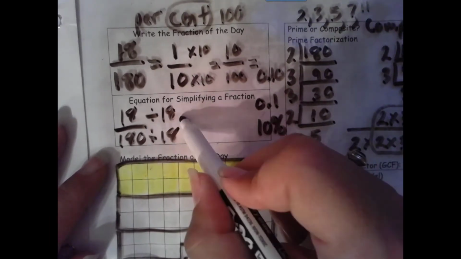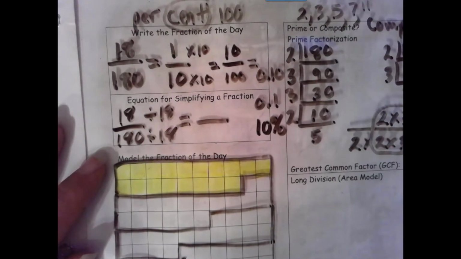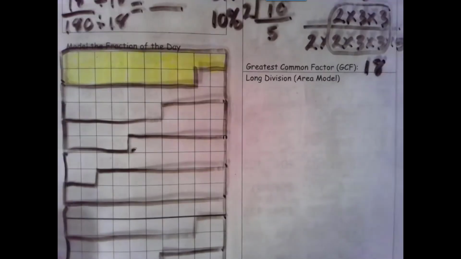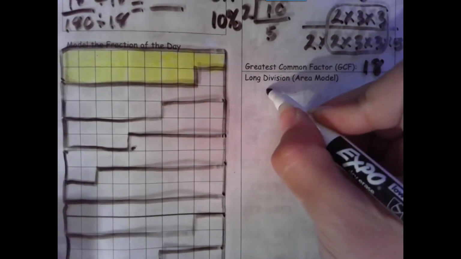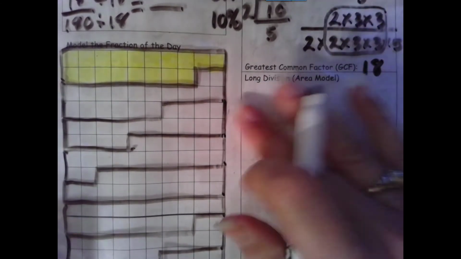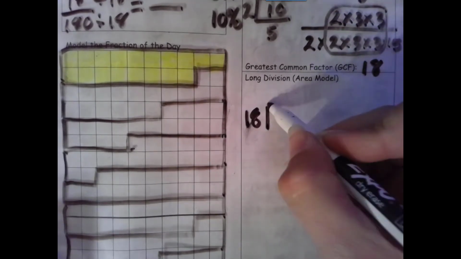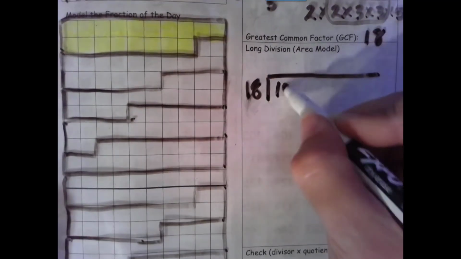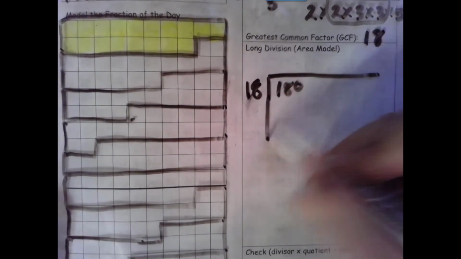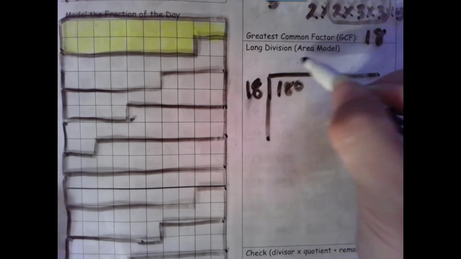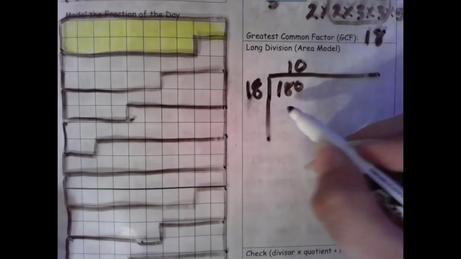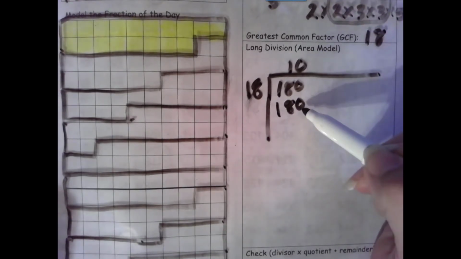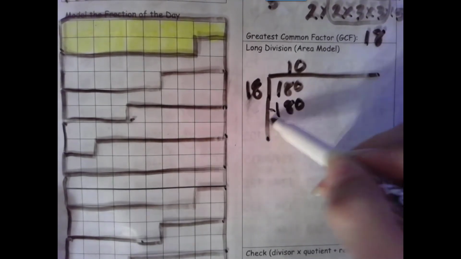So we divided both the shaded area and the whole thing by groups of 18. These always have to be the same number. So let's go ahead and do our area model for 180. Let's see, 10 times 180, well, every place is 10 times greater, so the placeholder goes in the ones and everything moves over a place.